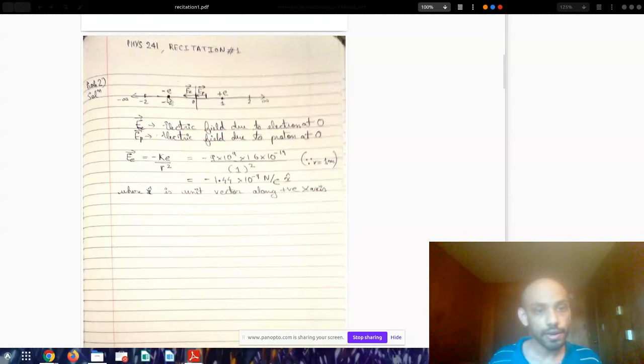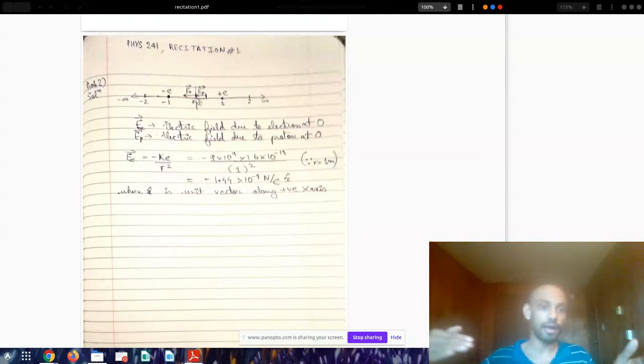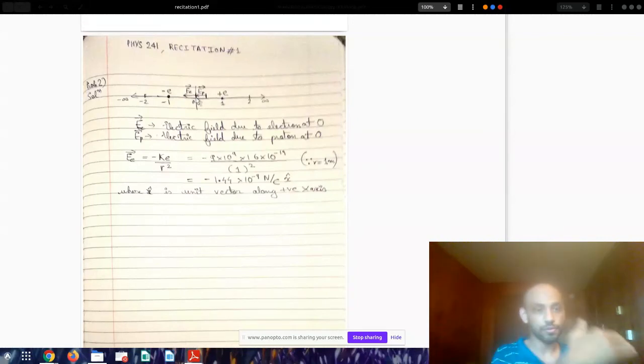So the electric field due to the electron at the origin will have a vector pointing towards the electron, and since the electron is located on the negative x-axis, the electric field due to the electron will be pointing towards the negative x-axis.